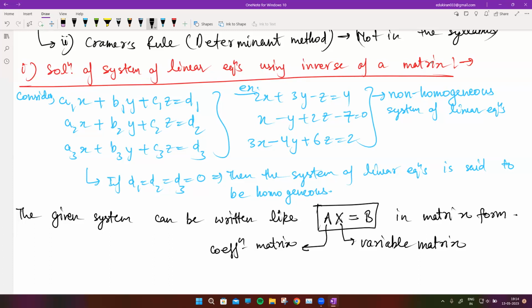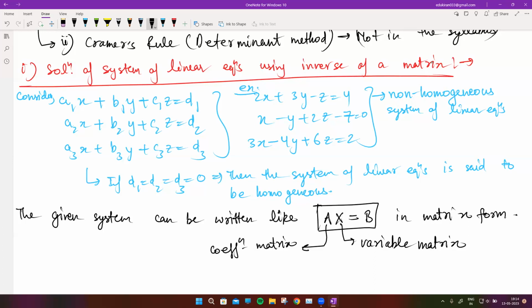How will we find X? We will talk about it in a bit. But before that, we should understand what A is, what B is, and what X is as well. So A is a coefficient matrix. A will be formed using all the coefficients. So A1, B1, C1, A2, B2, C2, A3, B3, C3 are all the coefficients of your variable terms, right? And D1, D2, D3 are all the constant terms here.